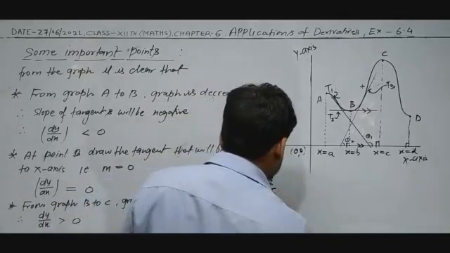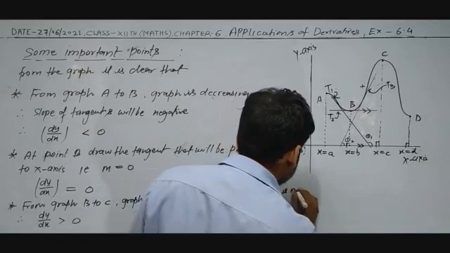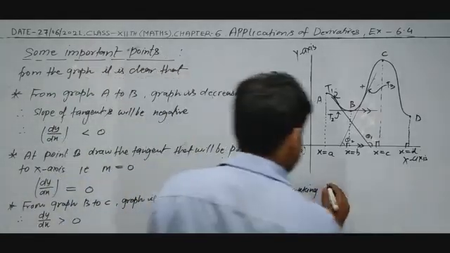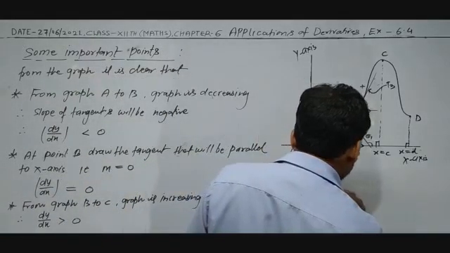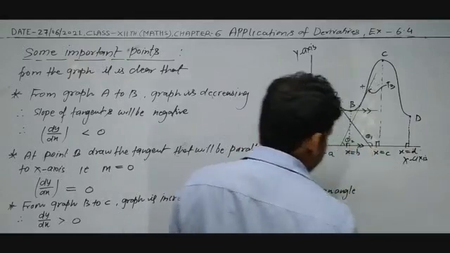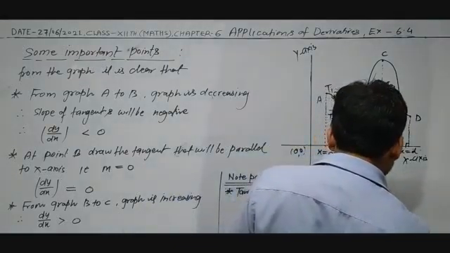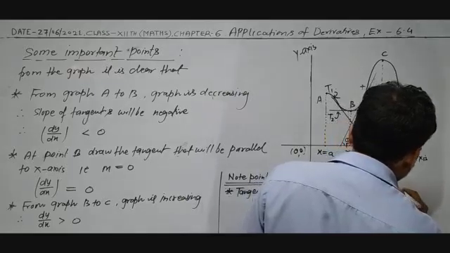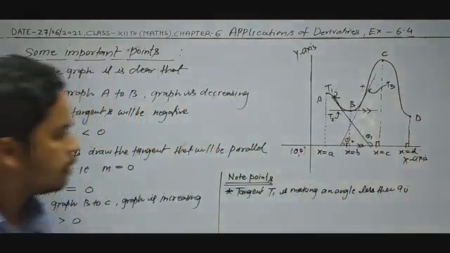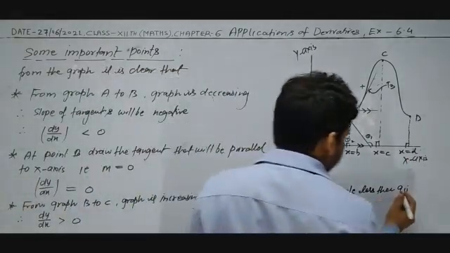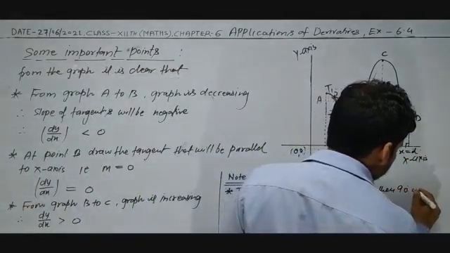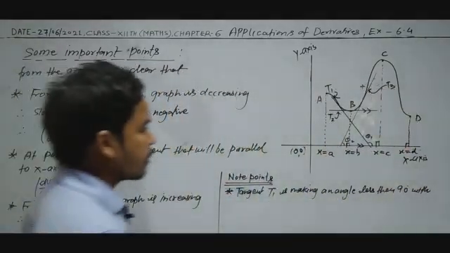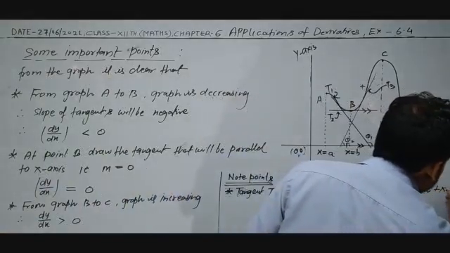Tangent T1 is making an angle less than 90 with the positive x-axis.